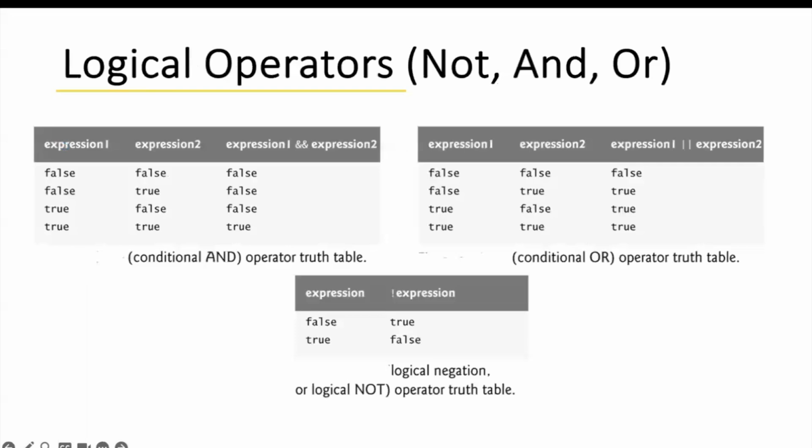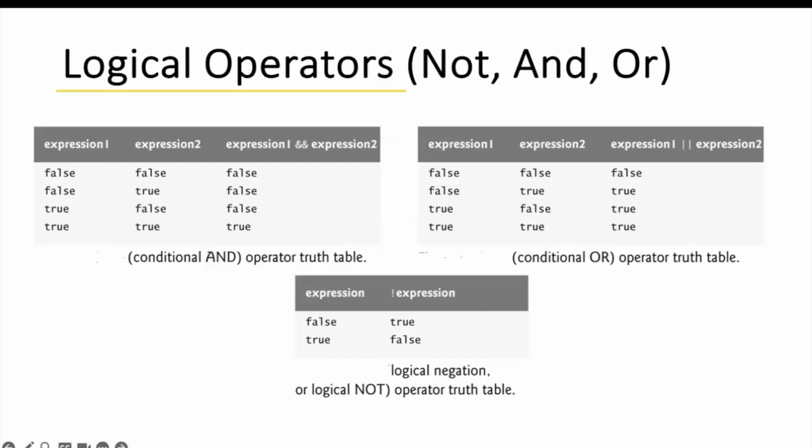So since we are on this subject, let's quickly review logical operators: not, and, or. And is an exclusive operator, meaning that both conditions must be true for the entire statement to be true. So if either condition is false, the result will be false.